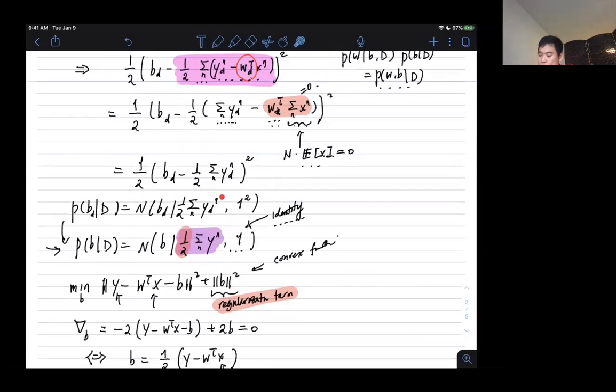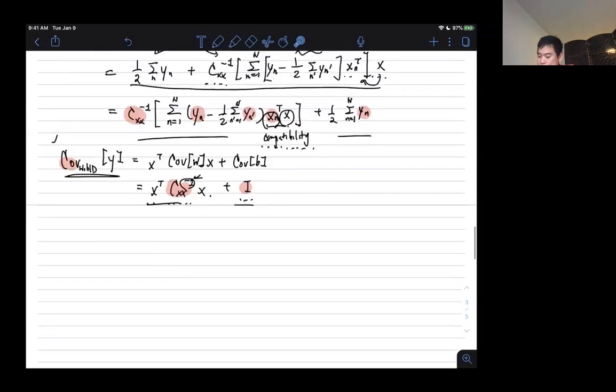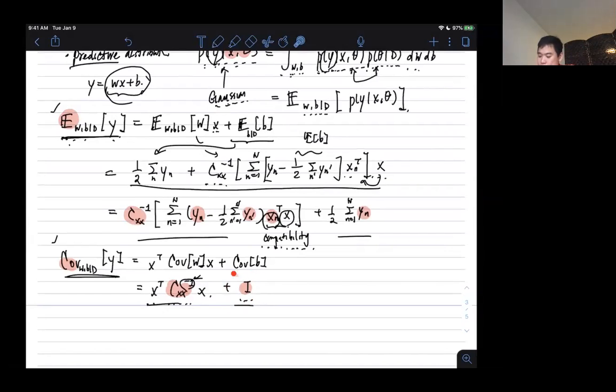What it means is that the variance is just 1, and then we stack them up, we get an identity covariance. In other words, the noise in our prediction is going to be the sum of the identity and how well this input is aligned in terms of how the data is spread out.